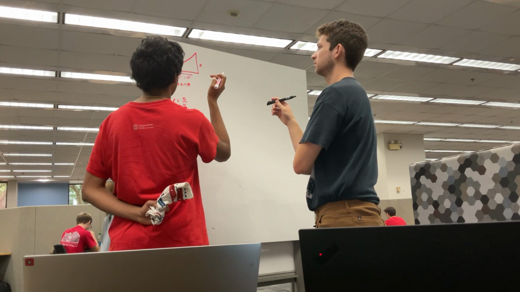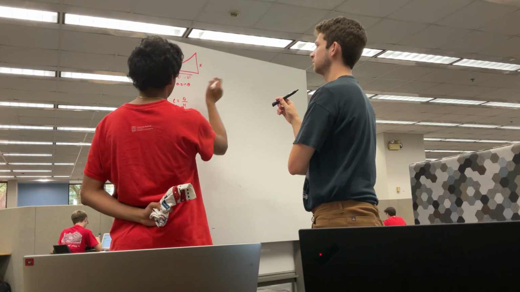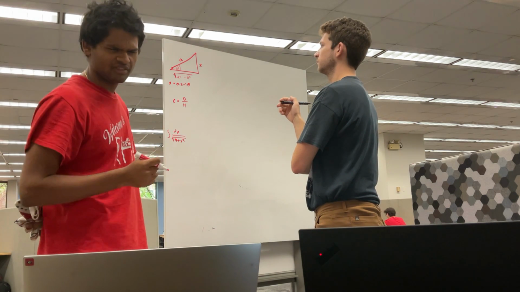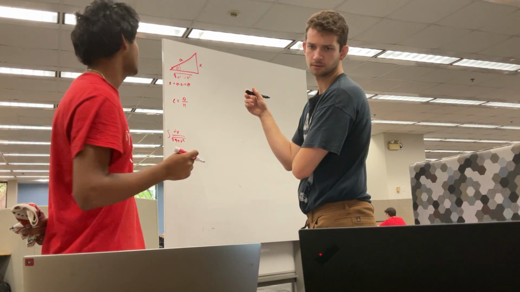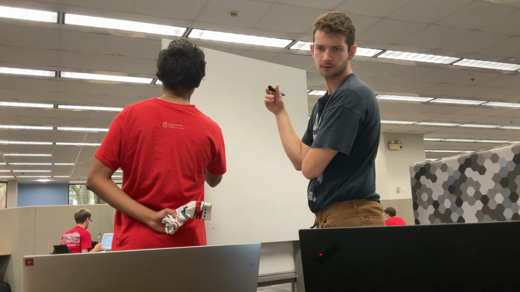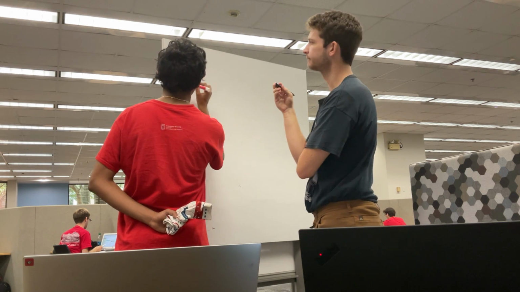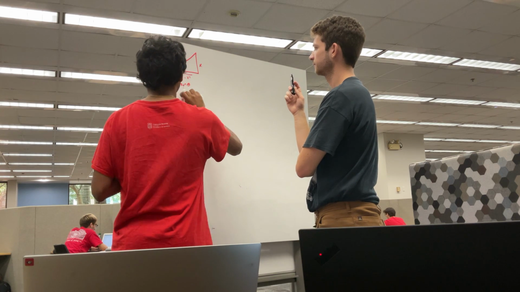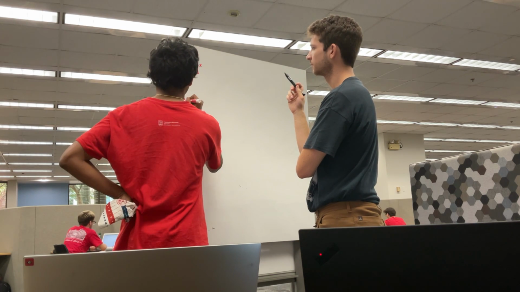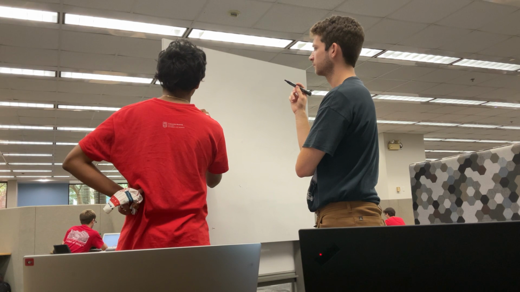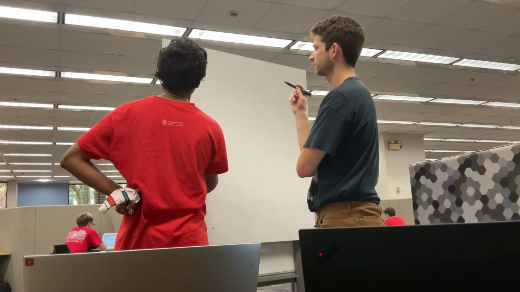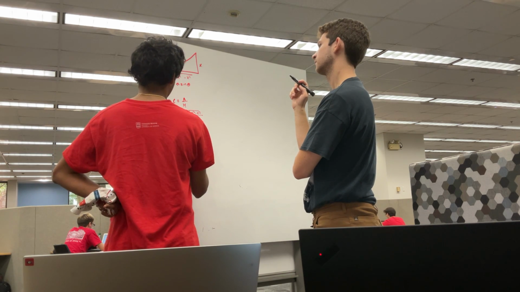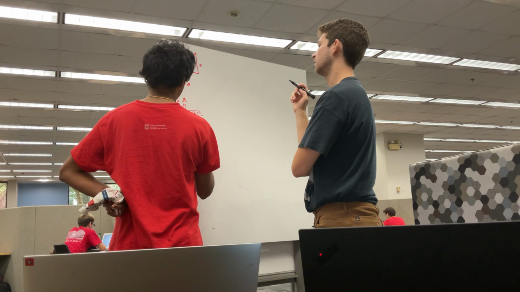So cosine of theta is going to be the square root of a squared minus x squared over a. My bad, adjacent over hypotenuse. And then all we're doing is if we multiply that by a, we get a cosine theta.